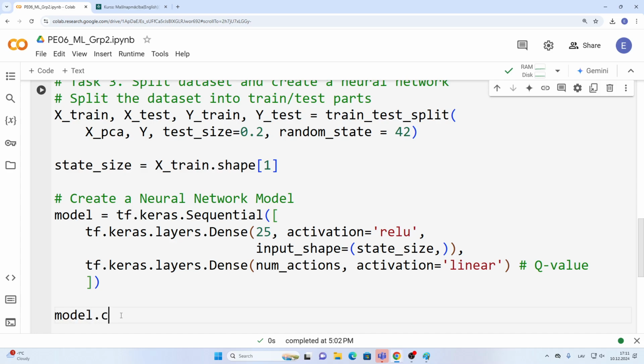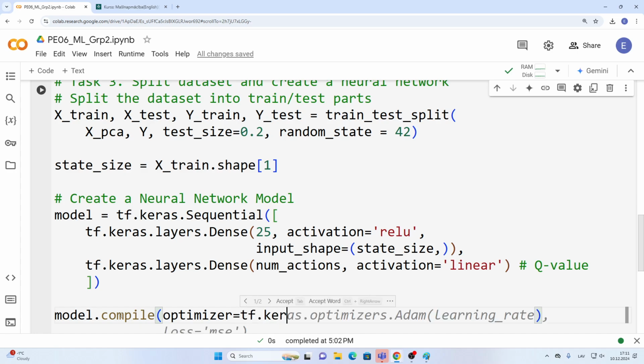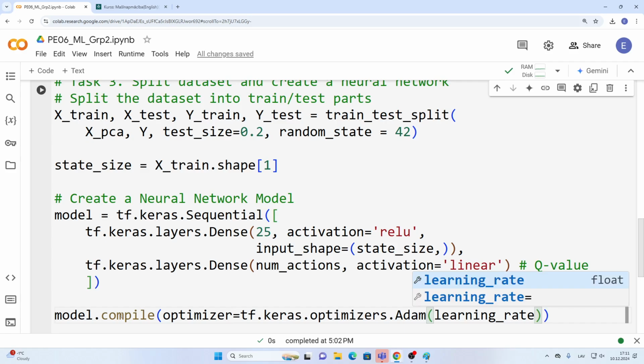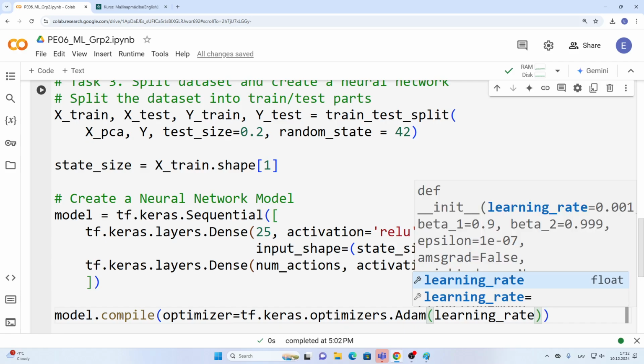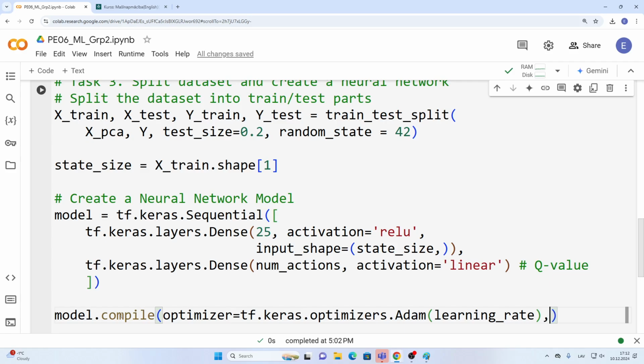So we compile it and say we are going to use as optimizer TensorFlow Keras optimizers Adam, with the learning rate we have specified, and the cost function that we need to use.